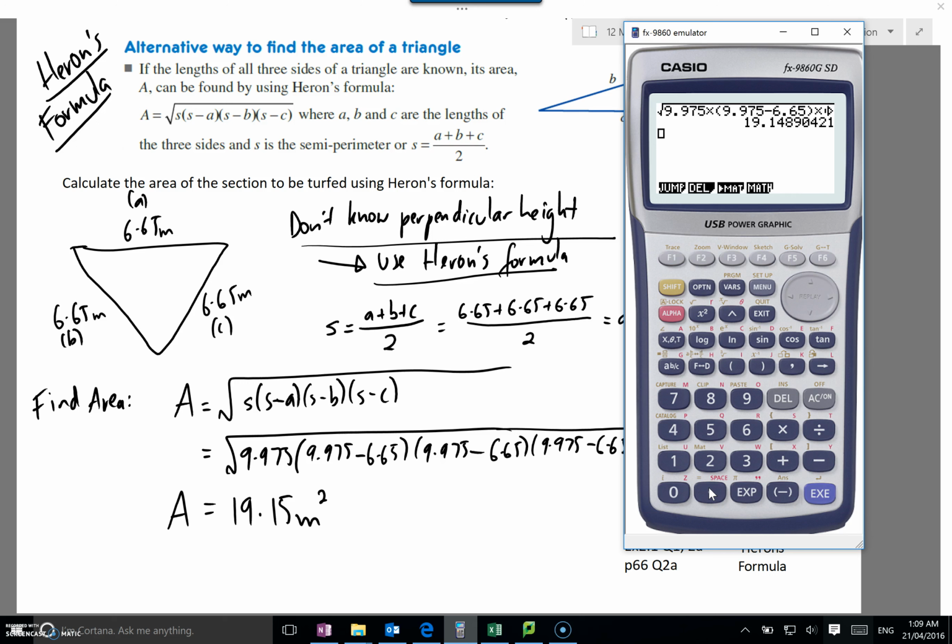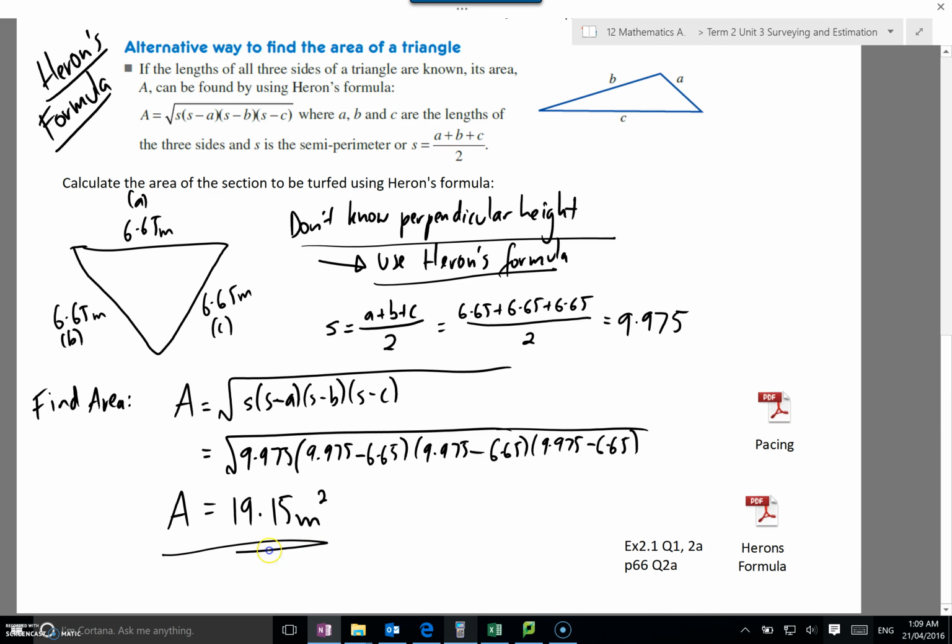Okay, hopefully I get that same answer, 19.14, yeah. Okay, need to typically round to 2 decimal places, so that 8 there is going to mean that the 4 changes to a 5, like it does down here.